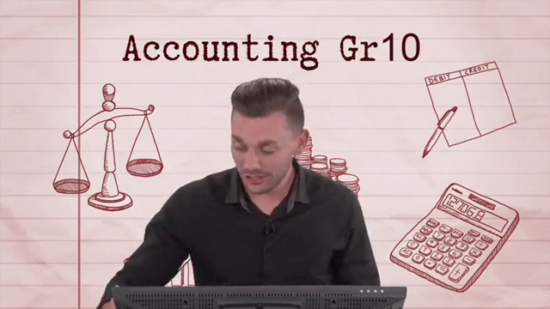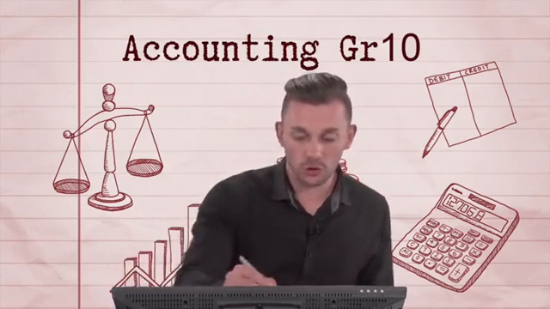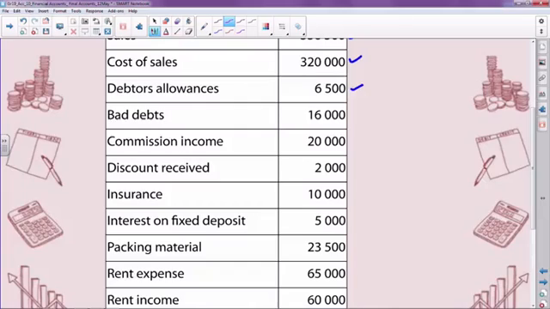But guys, let's look at your bad debts quickly. I'm just going to show you whether it's an income or an expense. So your bad debts, an expense on the debit side, commission income, an income. Discount received, an income. Insurance will be an expense on the debit side. Interest on fixed deposits, an income on the credit side. Packing material, an expense on the debit side.